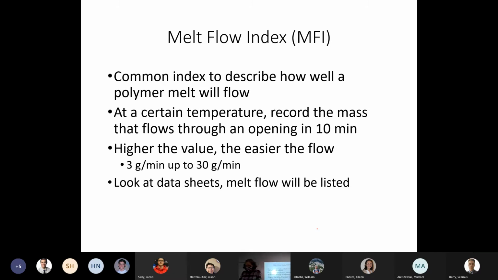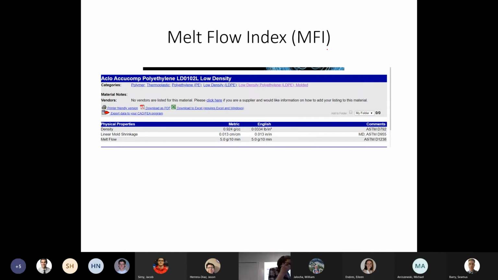Now, we love numbers or properties that tell us, hey, how does this work? Is this good? And so the melt flow index is something that we often may see on a MatWeb or another site.